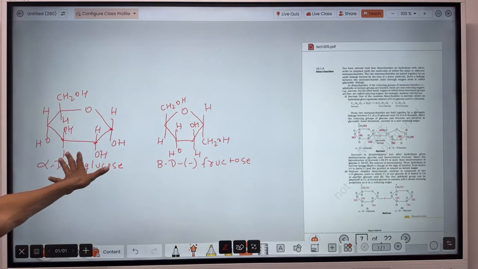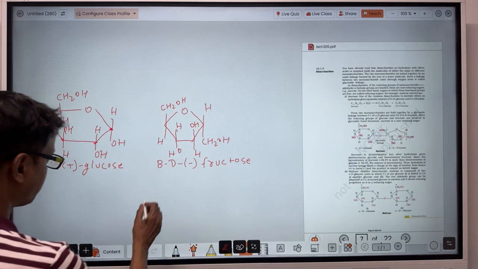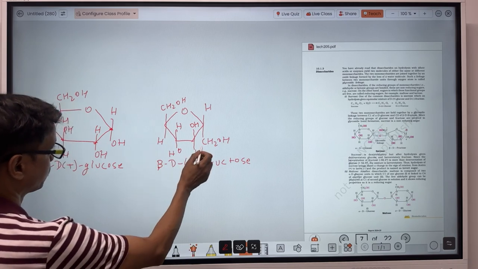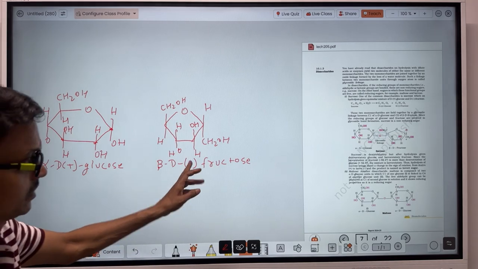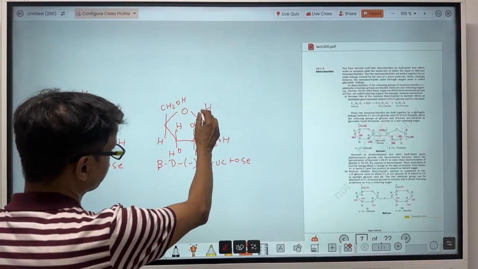Then after you will have to establish the equation. So alpha D glucose, there is 1,2 glycosidic bonding.